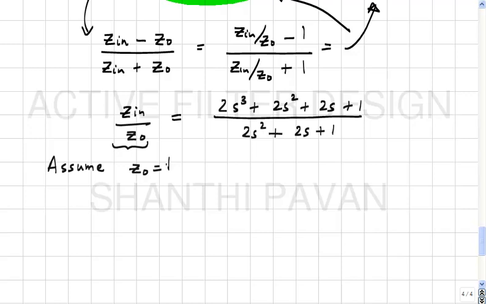You will never make filters with Z0 equal to 1. Now, if you suddenly find that your source has impedance of 253 ohms, will you go through all this all over again with 253 ohms, or will you do something smart?